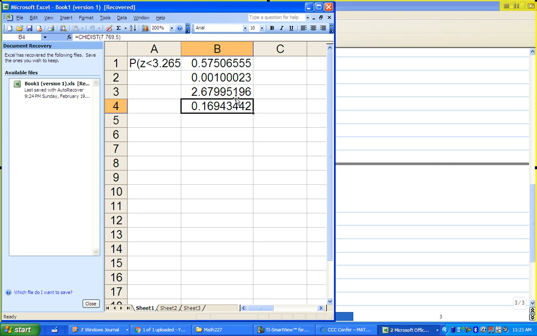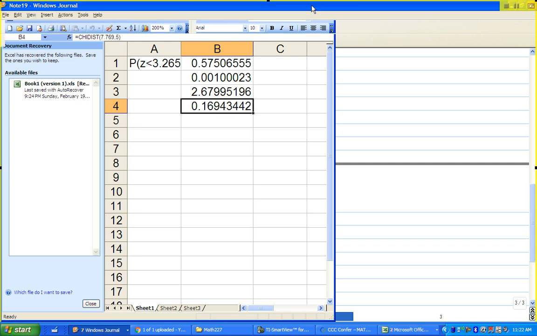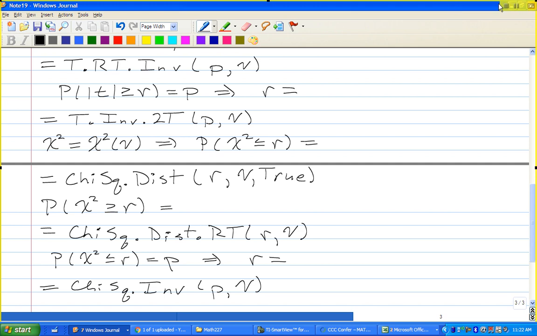You would just put 7.769, comma 5, comma true. These are slightly older commands, but okay. So really that finishes off section 6.9. Let me go on to section 6.10.